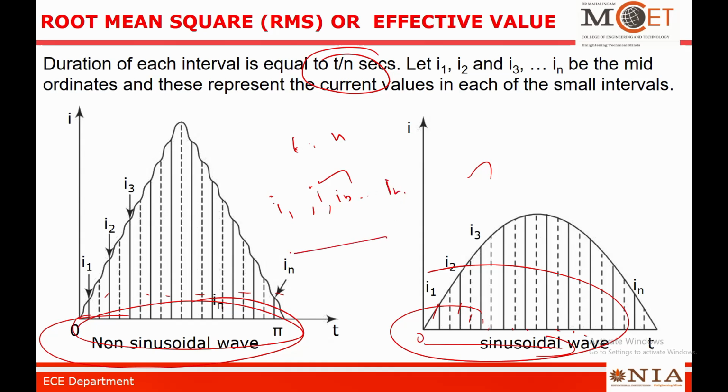These I1, I2, I3 till In are the mid ordinates, represented as the current values for the short time intervals.